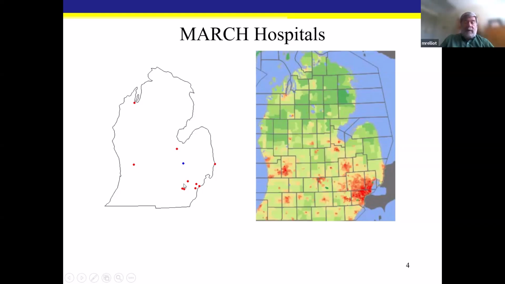We picked up the very large hospital delivery system out in Grand Rapids, as well as Saginaw, and then 6 hospitals in either Detroit or surrounding areas. And the blue dot is just for Flint because it's not part of the probability sample, though it's part of the MARCH sample.